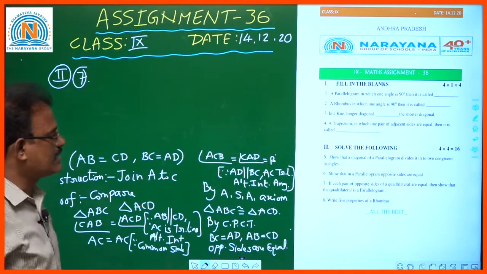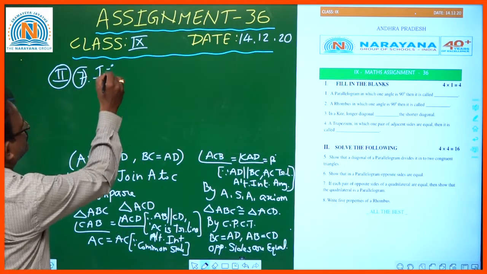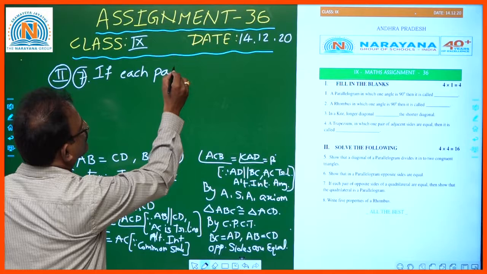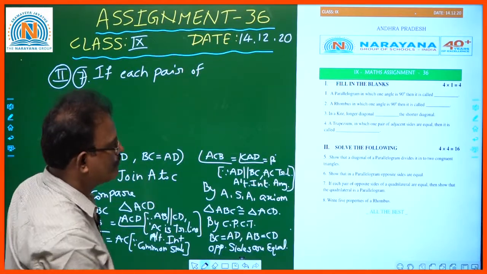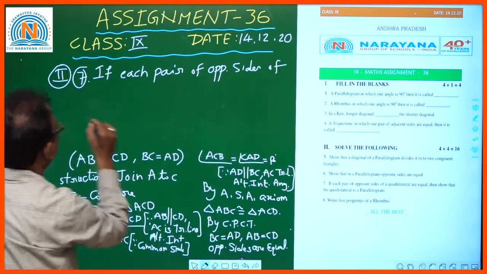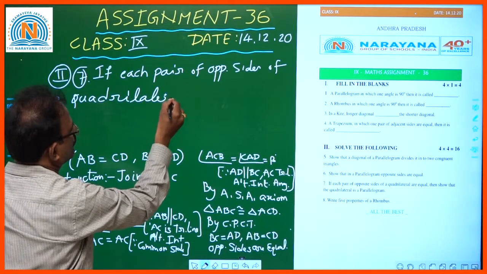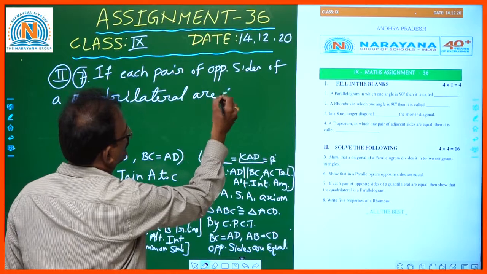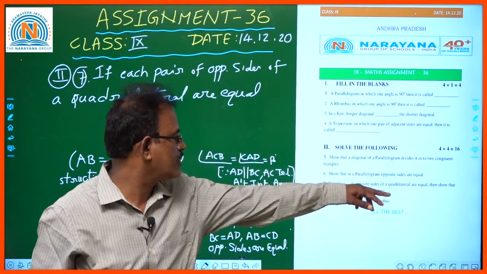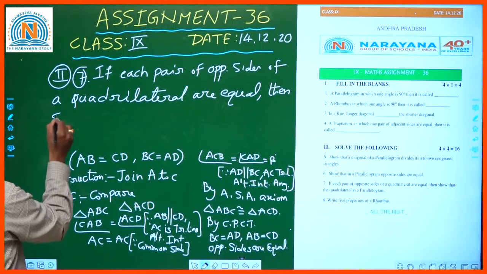Our next question, question number 7. If each pair of opposite sides of a quadrilateral are equal, then show that the quadrilateral is a parallelogram.